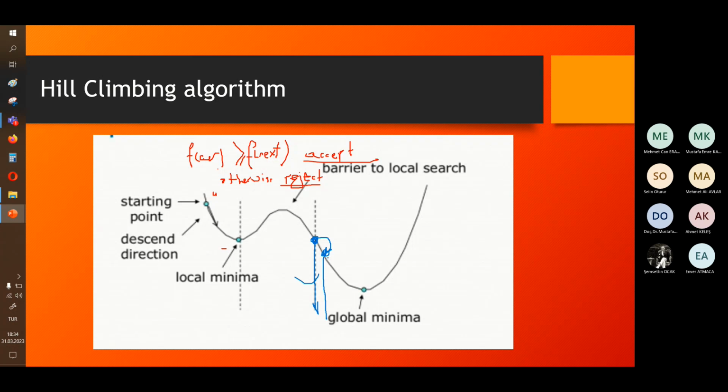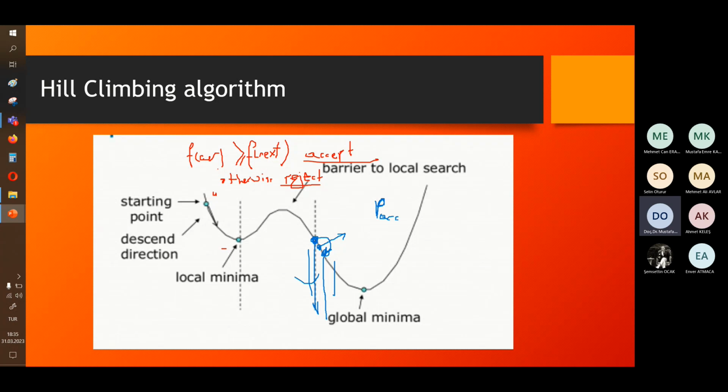Next, within the neighborhood of this current solution, create a random solution. Imagine that we created this one, worse than the current solution. Then we will decide whether we should accept this one or not. In order to do that, we will introduce a random threshold value, which is called p acceptance.